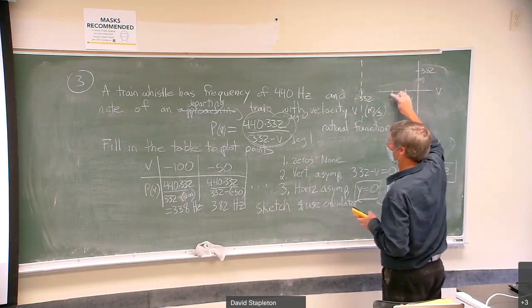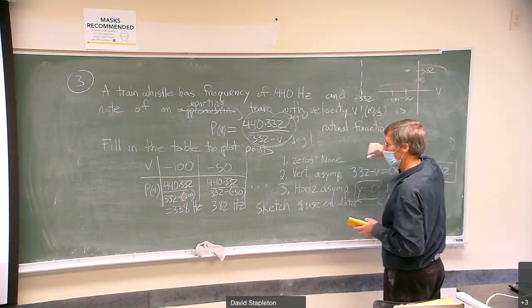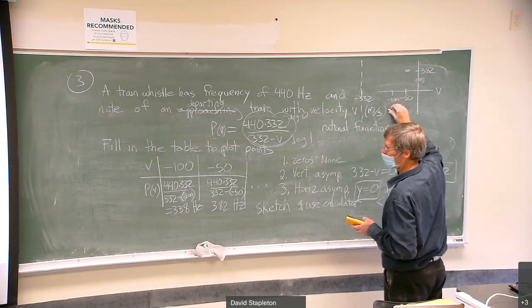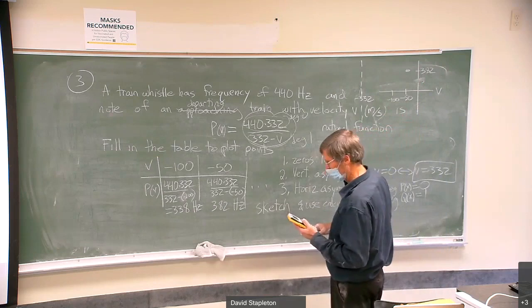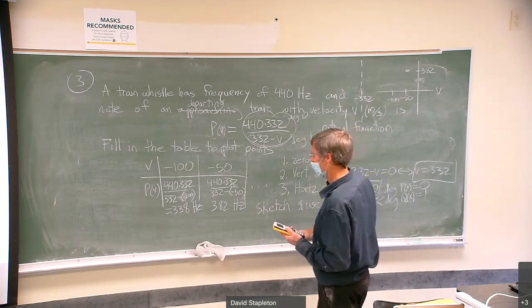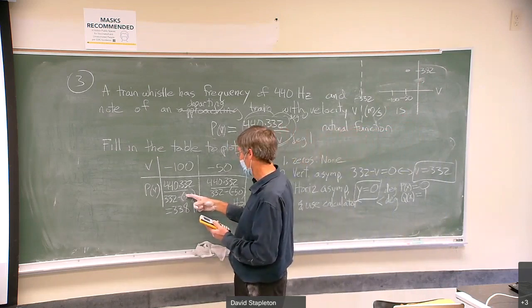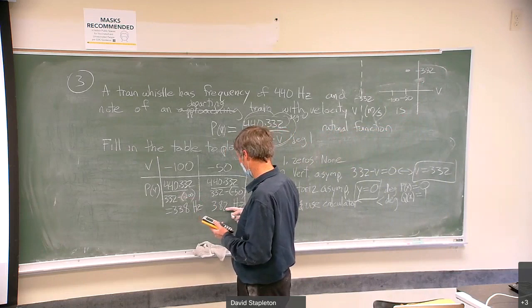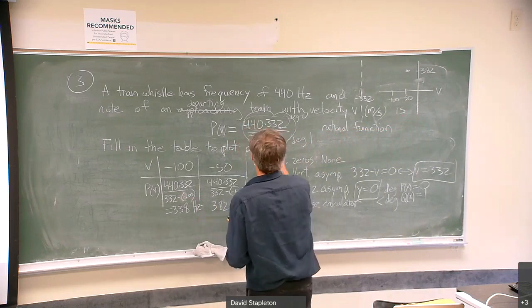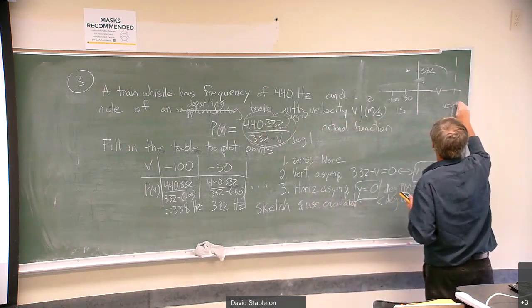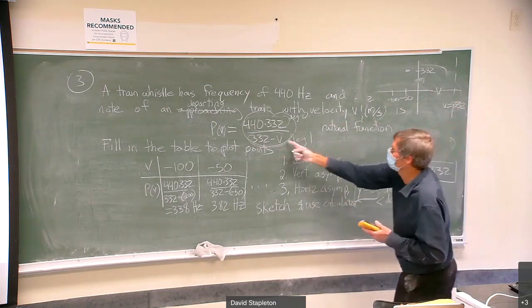If I plot it at minus 100, I get 338. I didn't divide this. Divide by 432. Yeah, okay. That's 382. Oh, I'm sorry. When it's plus 332, V equals plus 332. Good. Right, so the denominator is 0.